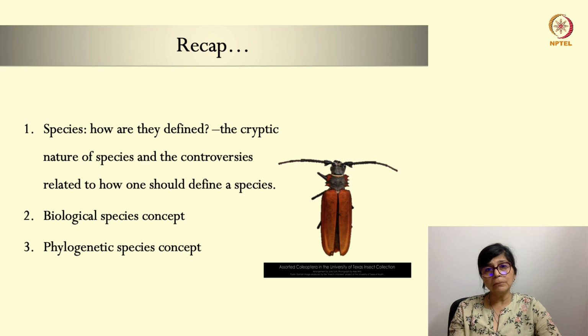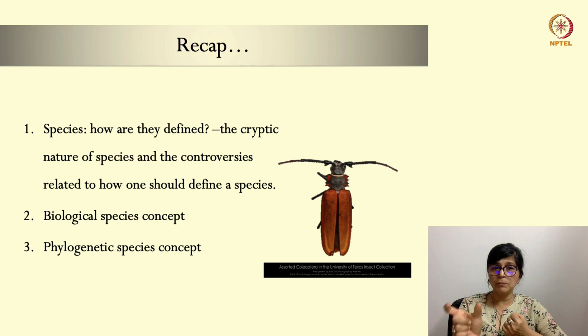So with this we come to the end of the concepts in this section of the lecture. Here we studied what species are, how they are defined, what the crypticness of species is, and what the controversies related to the definition of species are. We talked about 3 different species concepts: morphological, but here we highlighted more the biological species concept, where two species not breeding with each other makes them biologically separate species.